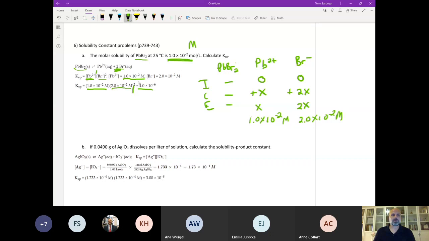Okay, so you just square 2.0 times 10 to the minus 2, then multiply that by 1.0 times 10 to the minus 2 to get a Ksp of 4.0 times 10 to the minus 6. The reason we can use the solubility here is because we know the quantity of PbBr2 that's going to dissolve. We were given the molarity that's dissolving in solution because we're given the solubility. Does that answer your question, Amelia?